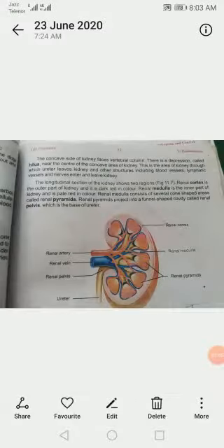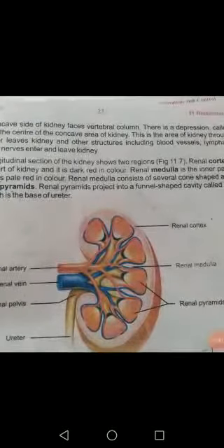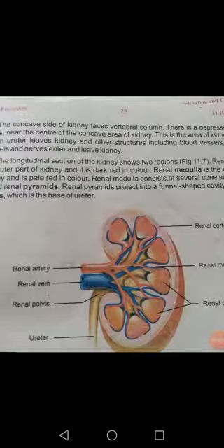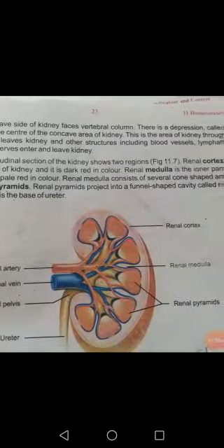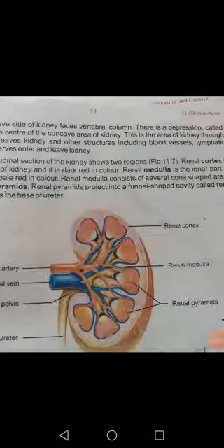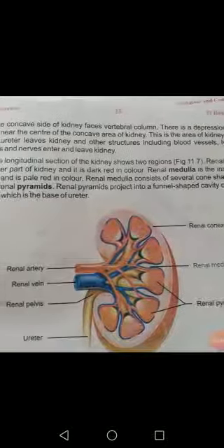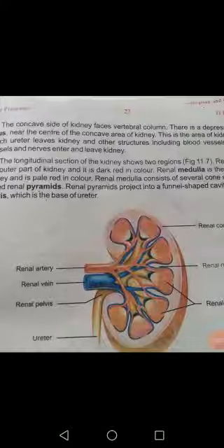This concave side has a depression inside it, which is called the hilus. This is the area where different structures like arteries, veins, renal pelvis, and nerves enter into the kidney.